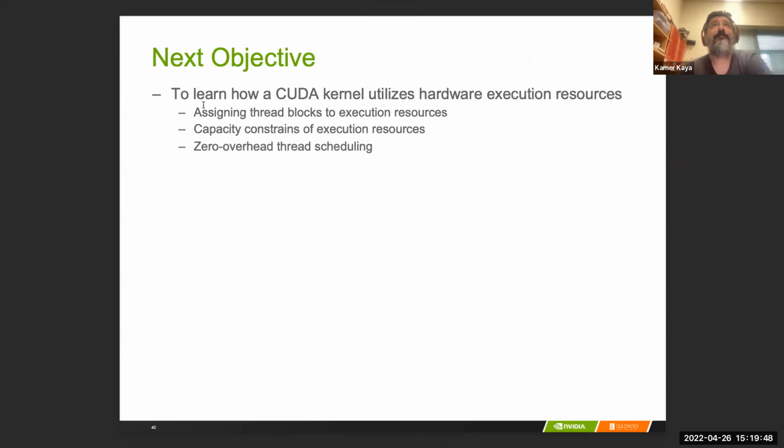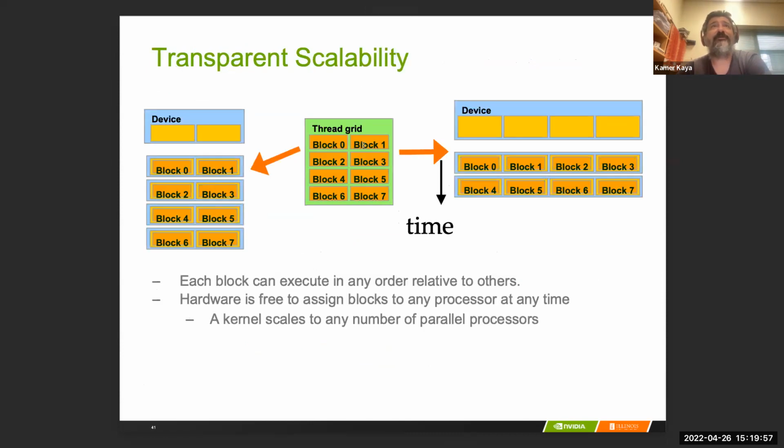So, the next objective is learning how a CUDA kernel utilizes hardware execution resources. So this is how it happens. We have our thread grid. In this one, it is again two-dimensional. The blocks, assume that they are one-dimensional. It doesn't matter, in fact. These things are distributed to the streaming multiprocessors inside the device.